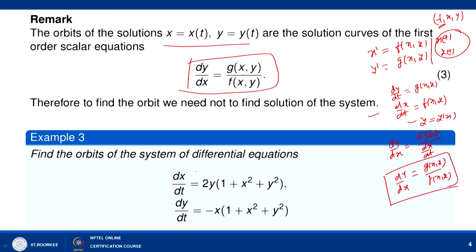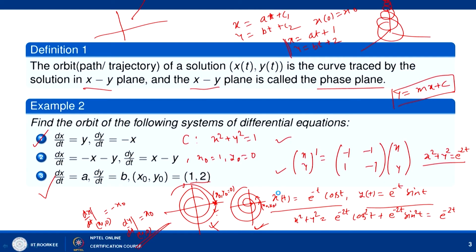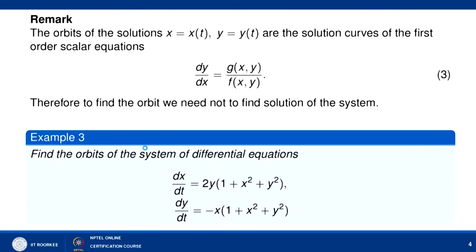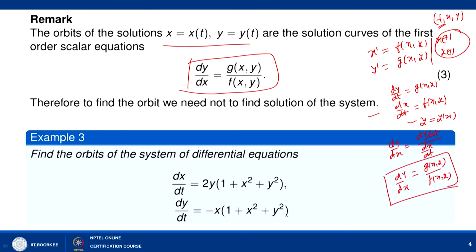Find the orbit of the system of differential equations dx/dt = 2y(1 + x² + y²), dy/dt = -x(1 + x² + y²). If you look at the previous few examples, we considered systems of differential equations which are quite easy to solve. But for this kind of system, it is not very easy to find the solution.